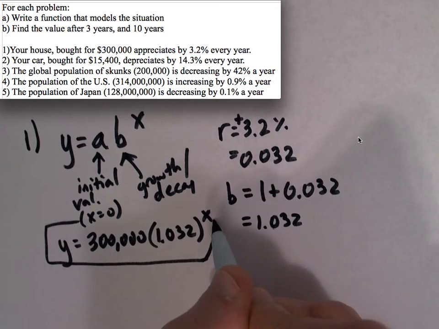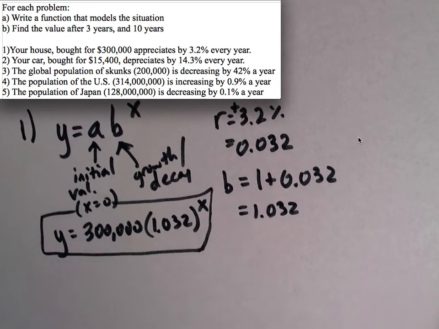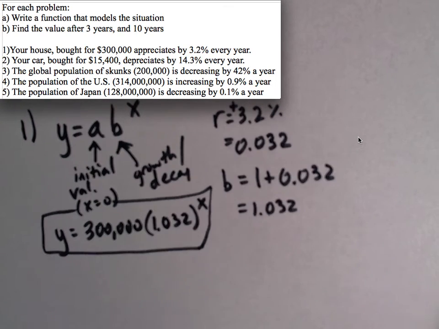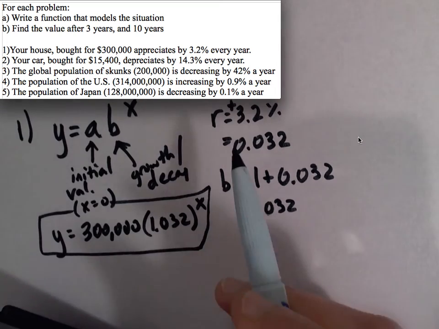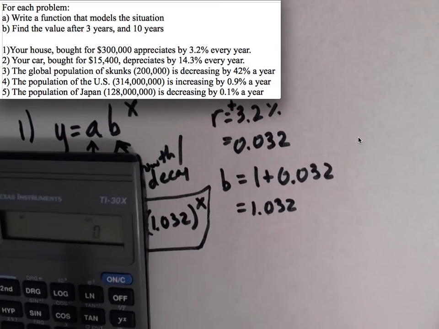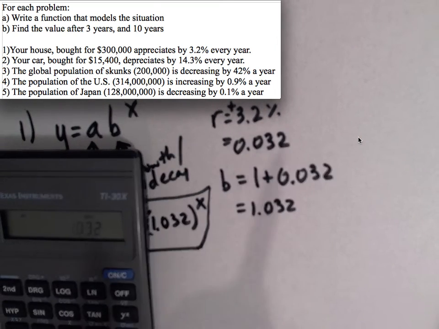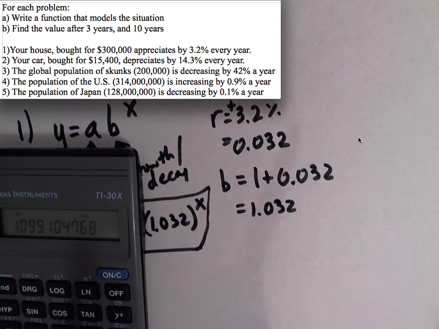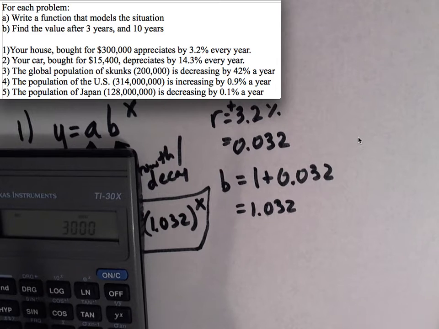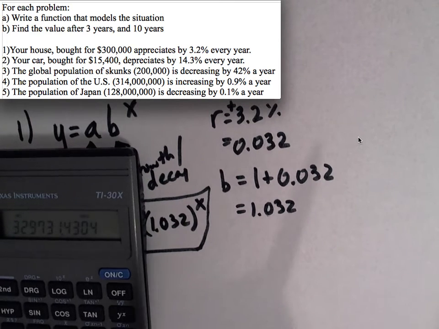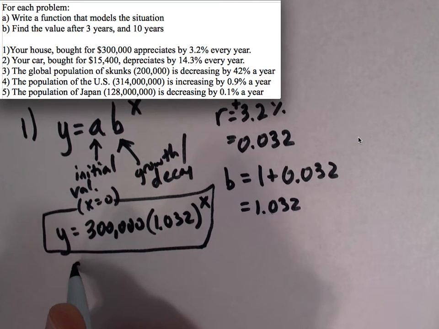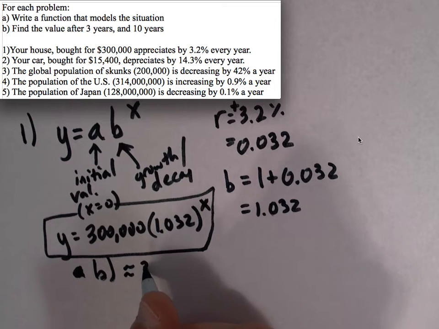So that's our function. Let's calculate that when x equals 3, so 3 years later. Remember, do the exponent first, order of operations. 1.032 to the third power times $300,000. So approximately $329,731.43. Call this part B, I guess.